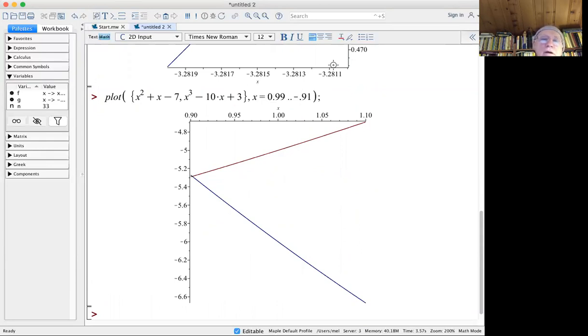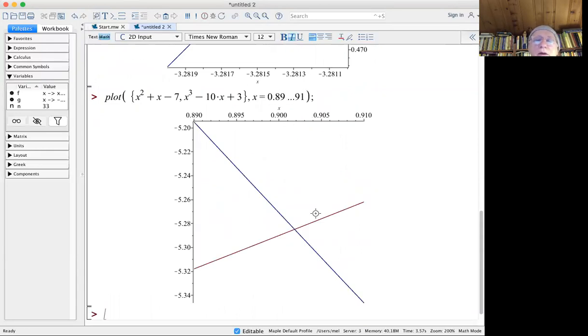That looks like it'll be a little bit closer. Here we are. So it looks just a little bit bigger than 0.9.